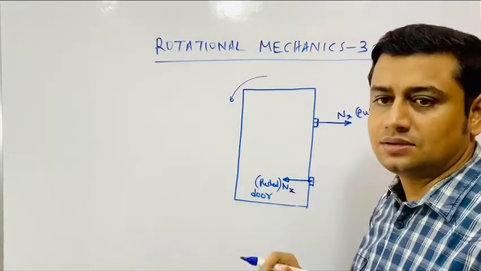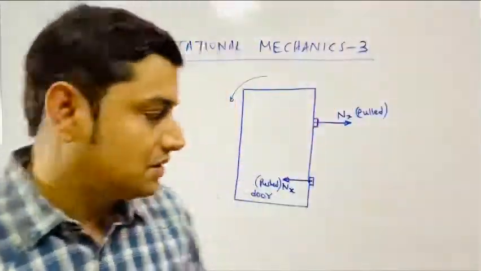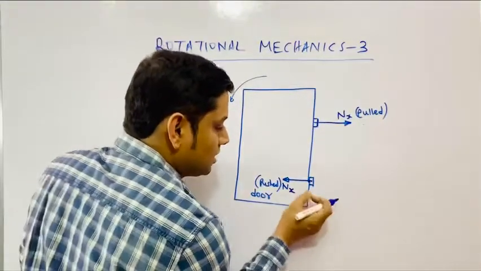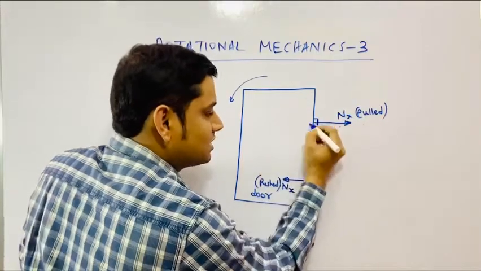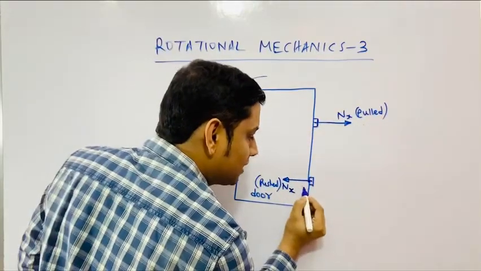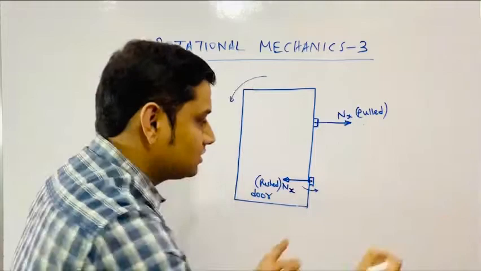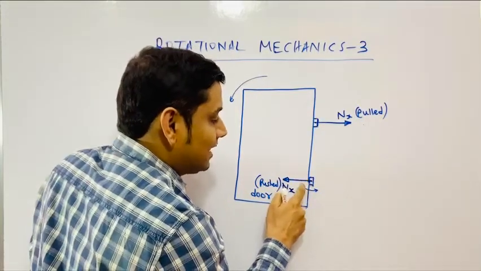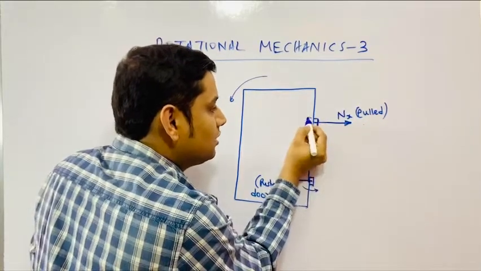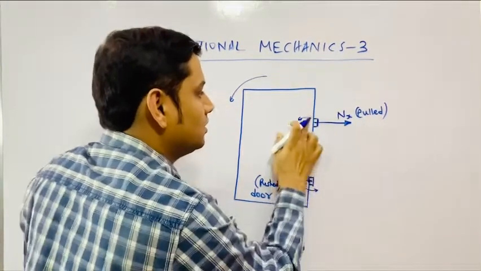There is a difference between pull and push. About this axis, this point was trying to go right, so this has to be pushed. And if only this axis is there, about this it was trying to go away, so it is pulled.